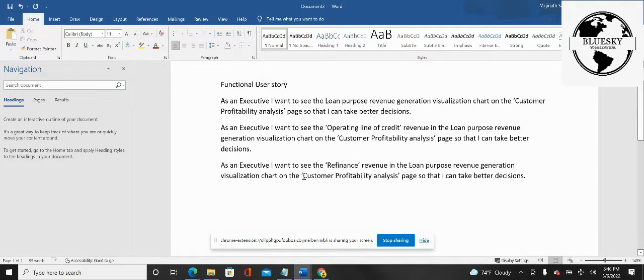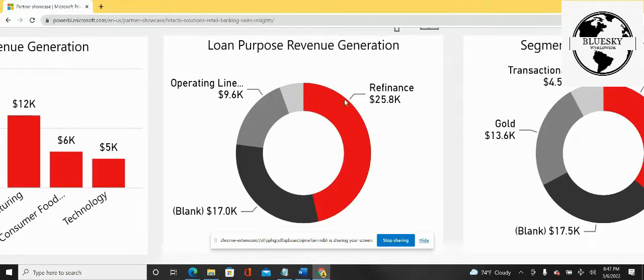As an executive, I want to see the refinance revenue in the loan purpose revenue generation visualization chart on the customer profitability analysis page so that I can take better decisions. So, this is talking about this segment in the donut chart.